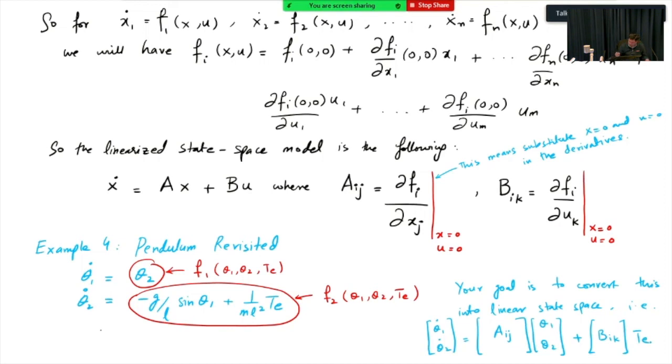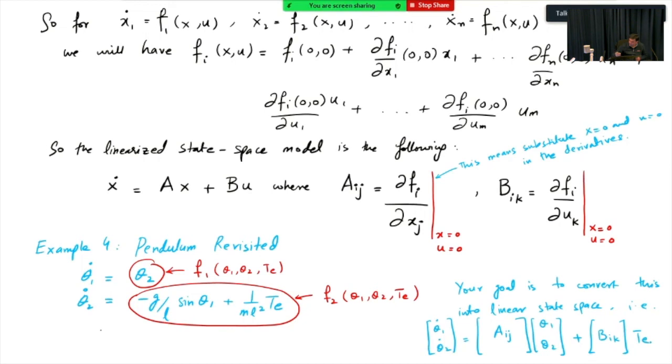We saw the process here. We need to take the derivatives of the functions and substitute states as 0 and inputs as 0. So let's try to do it.